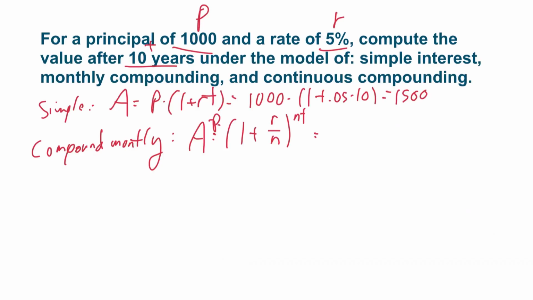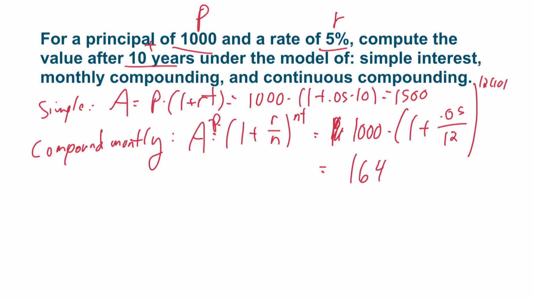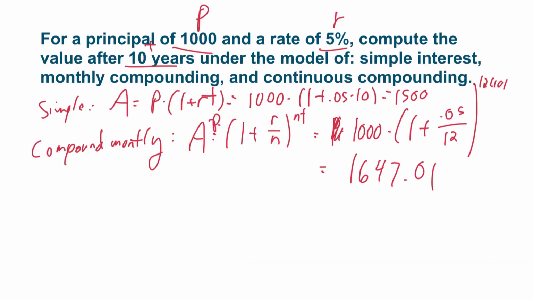So 1,000 times 1 plus 0.05 divided by 12, to the 12 times 10, which is equal to about 1,647.01. So I definitely get a bonus from compounding my interest. I gain about $167 in interest. No, sorry, $147 in interest.